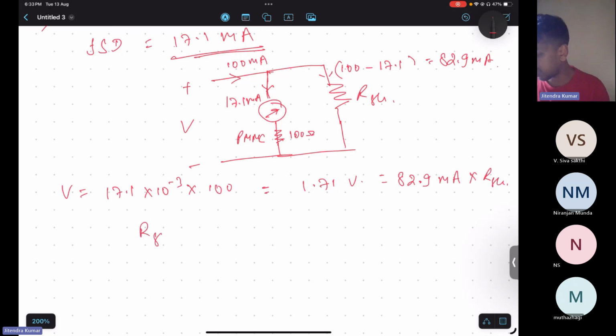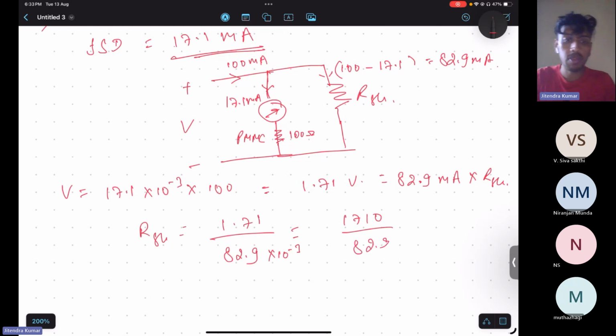So how much will be RSH here? 1.71 divided by 82.9. 1710 divided by 82.9.